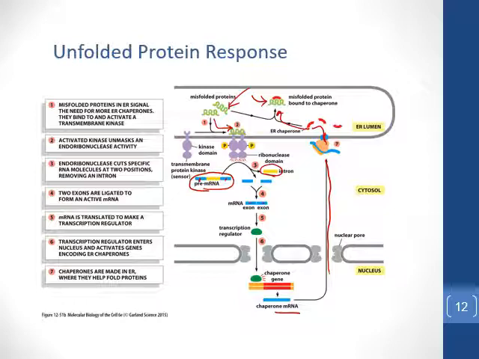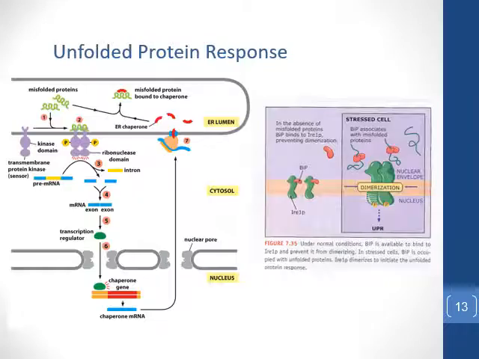Now, before we leave this IRE1, we need to do one other thing because it's another remarkable part of this story. Now let's go over here and look at BIP. Remember, BIP is going to play a role in protein folding, right? Well, it turns out that IRE1 exists in the membrane, the ER membrane, as a monomer.